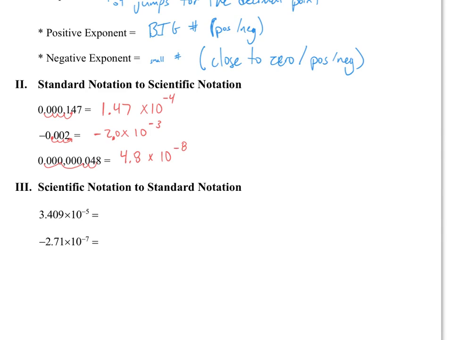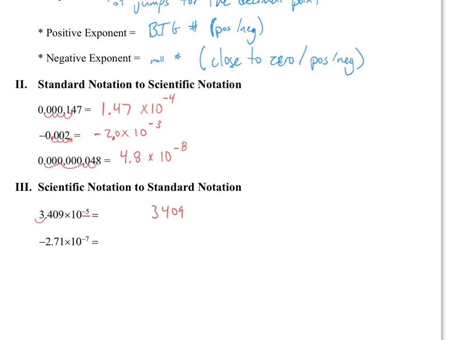So how do we go the other way? Scientific notation to standard notation. I like to think about this as I'm going to write out the number that I have. 3409. And I look at this exponent here. It's a negative 5. So how many places do I have to move it? From here to here is 1 place.